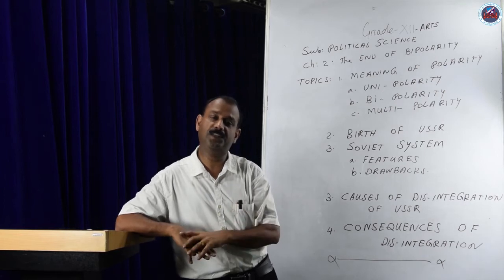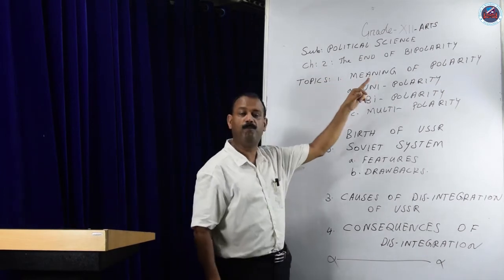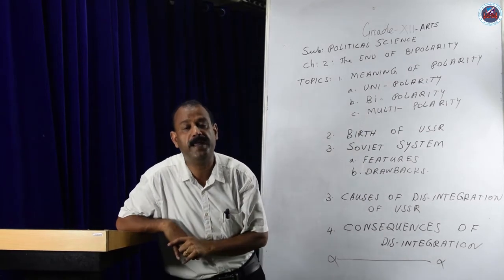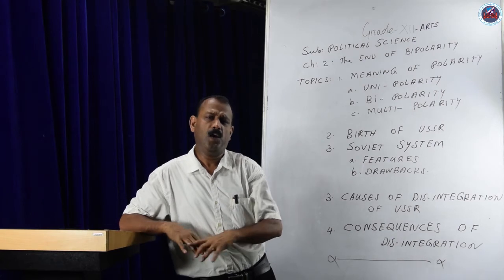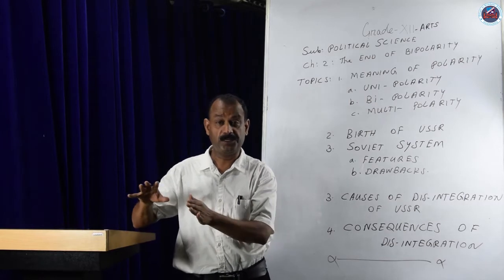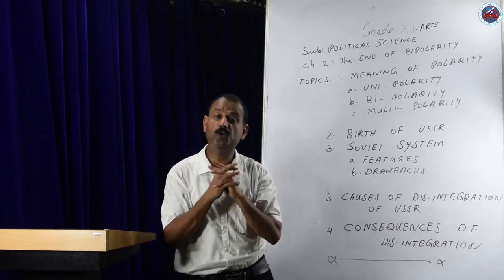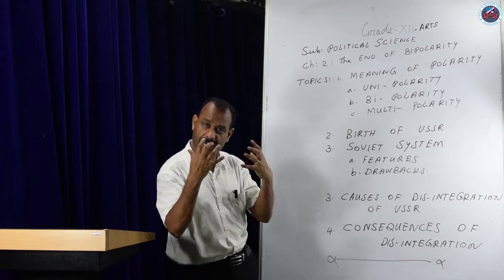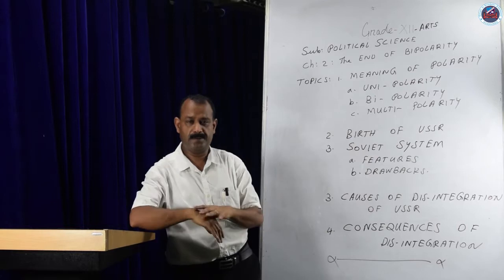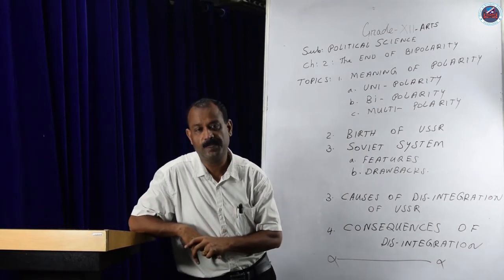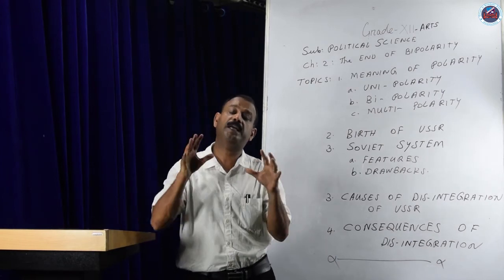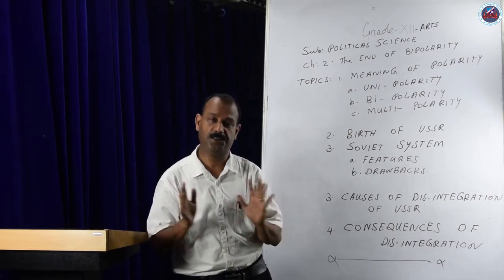The second chapter's title is The End of Bipolarity, meaning how the bipolarity came to an end. We have learned that after the Second World War, for many years, the world was dominated by two powerful states, and we had bipolarity in the world. But what happened after many years? Of the two powerful states, USA and USSR, the USSR got disintegrated.